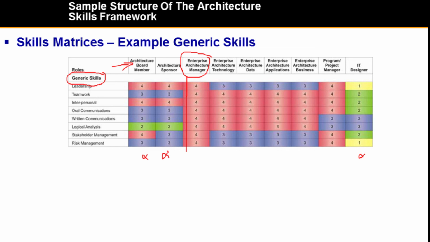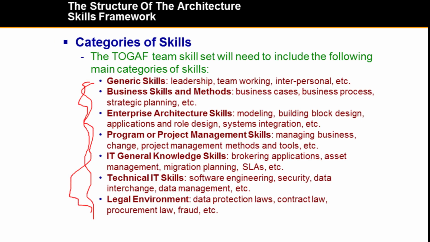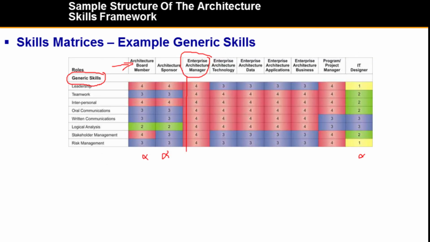So this is why it becomes so important to know what are the skills that you're going to either hire or prepare for, and at what level of expertise for the different people who will be involved. So in other words, you're building your team, your architecture team, in order to make it work.